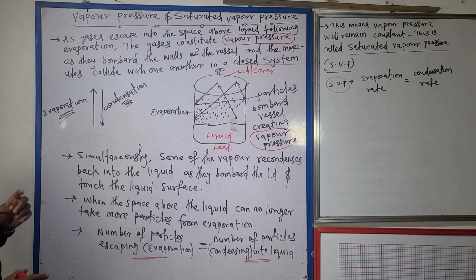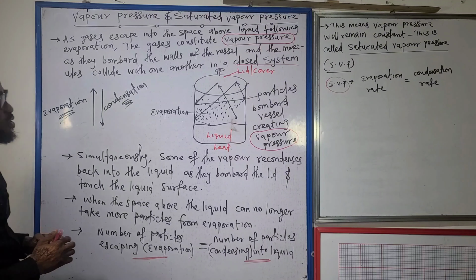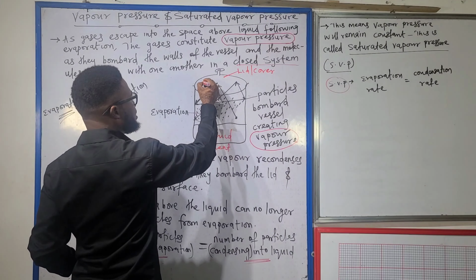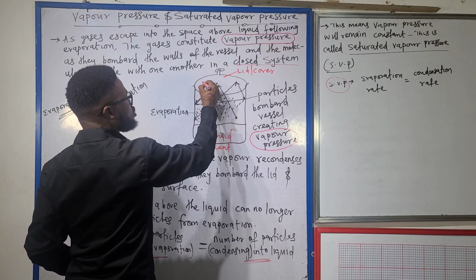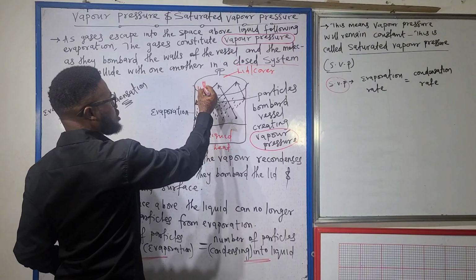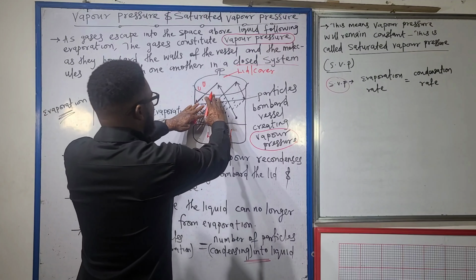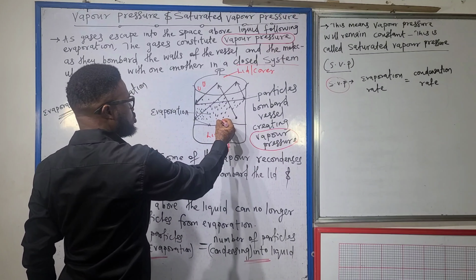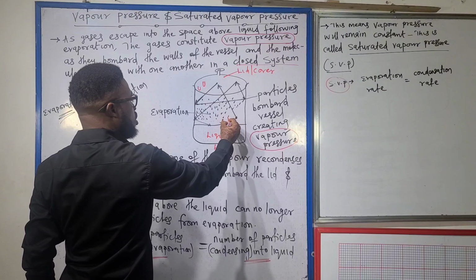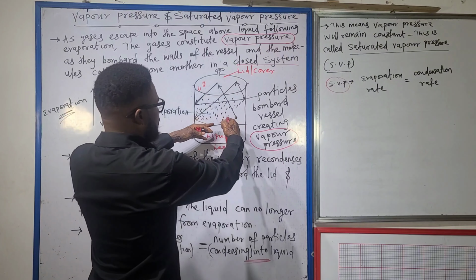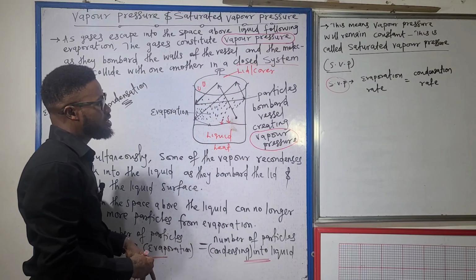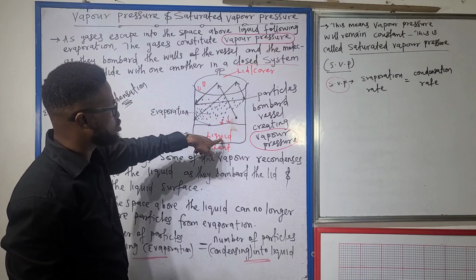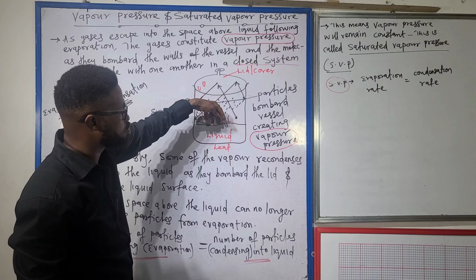You also need to understand that there are particles that, when they hit the lid, will change to liquid. And some of the particles in the space above the liquid will touch back on the surface of the liquid and change back into liquid, moving into the liquid here.